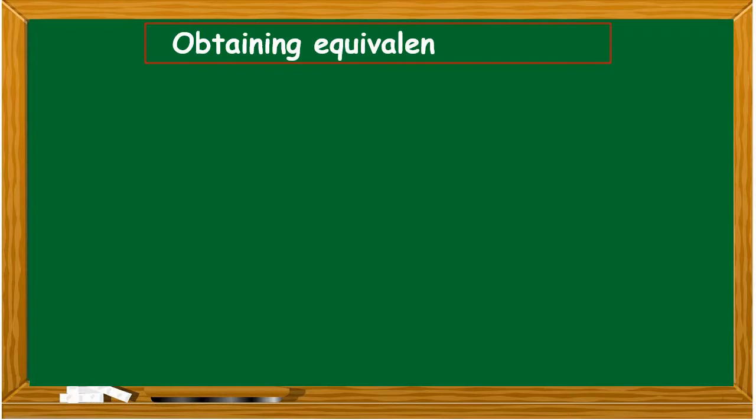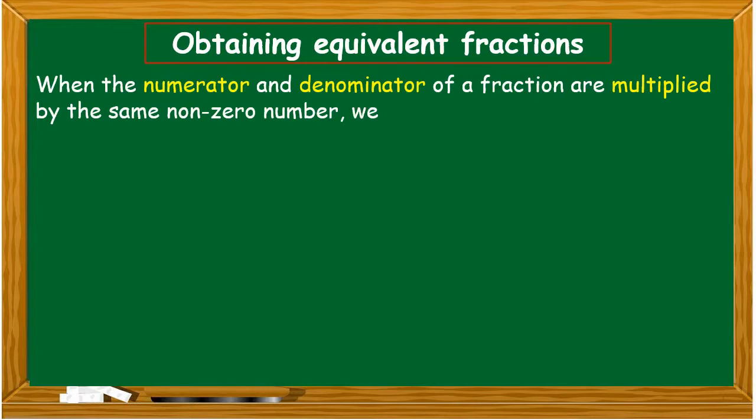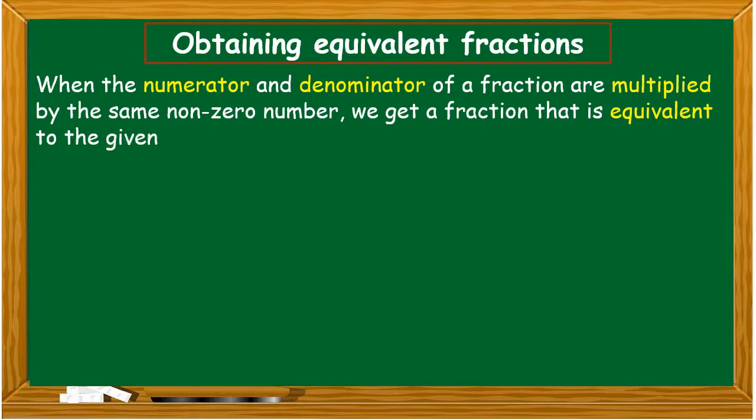Let us see how we can obtain the equivalent fractions of a given fraction. When we multiply the numerator and the denominator of a given fraction by the same number, we obtain its equivalent fractions. Now, let us solve an example to understand in a better way.